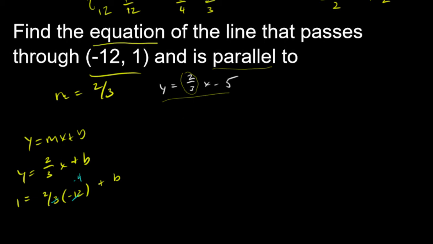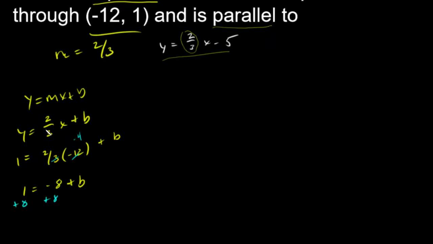So you're going to get a positive 1 equals -8 plus b. And then here you have to add 8 to both sides. And you can't quite see that. Add 8 to both sides, and you get 9 equals b.